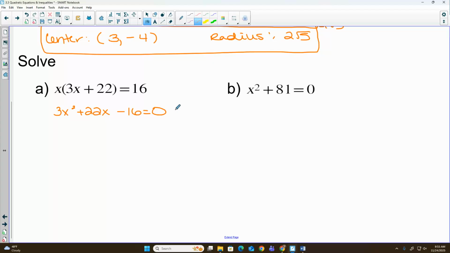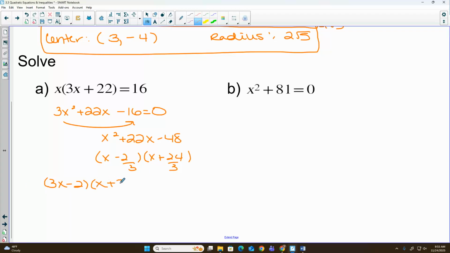Now what would you do? Okay, what multiplies to 48 and to -48 and adds to +22? -2 and +24. Have to divide our 3 back. So we get 3x minus 2, x plus 8 equals 0.